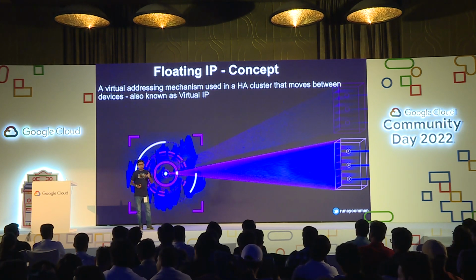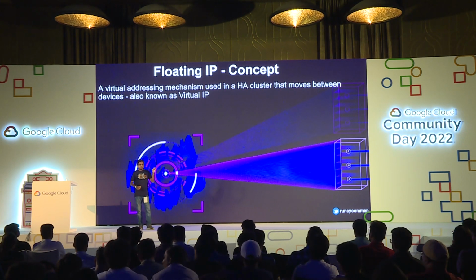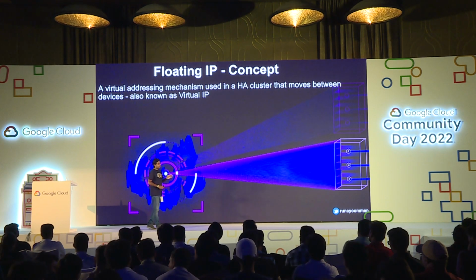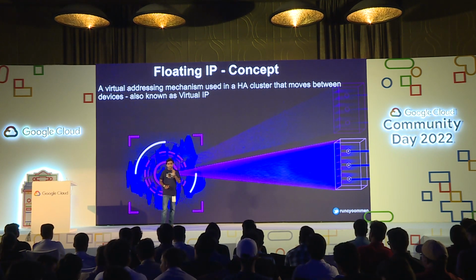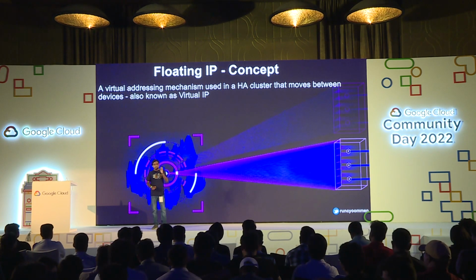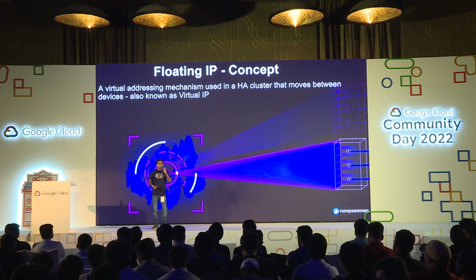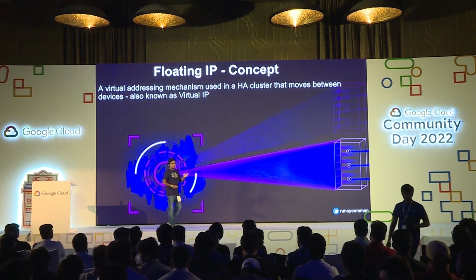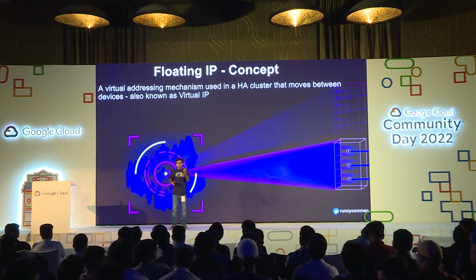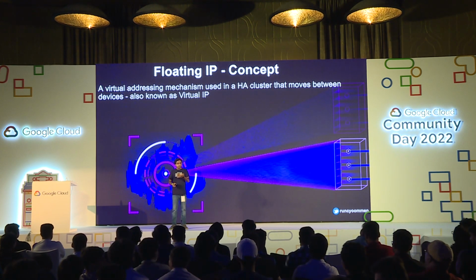Now, as I mentioned in the summary, the topics that we're going to be covering, I'm going to segue into what exactly is a floating IP. So floating IP is basically a mechanism in which you could effectively hit the active node. Say you have an HA cluster which has been set up, which I'm taking for simplicity as 2 nodes, an active and a passive, but it could be n number of nodes.